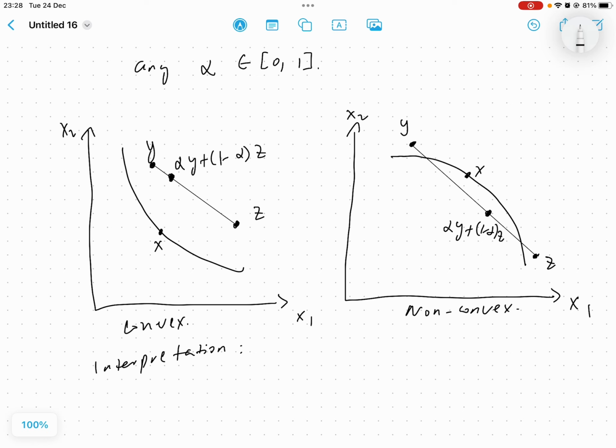All right. So going back to the interpretation of convexity, normally we can interpret this as diminishing marginal rates of substitution. Normally we have different kinds of marginal rates of substitution: diminishing, increasing, or neither of those.